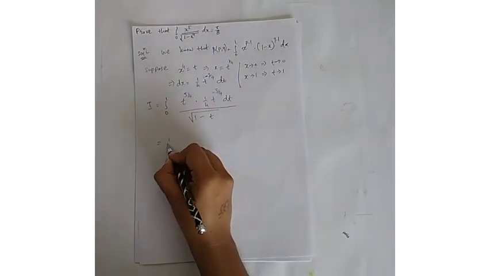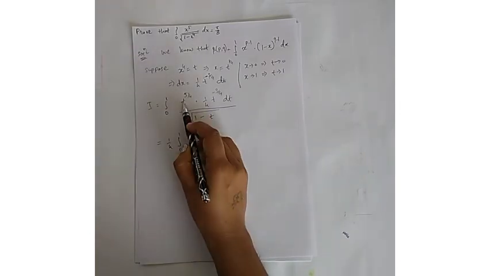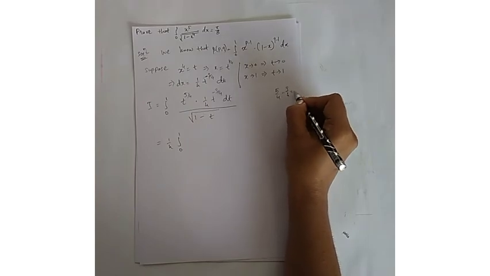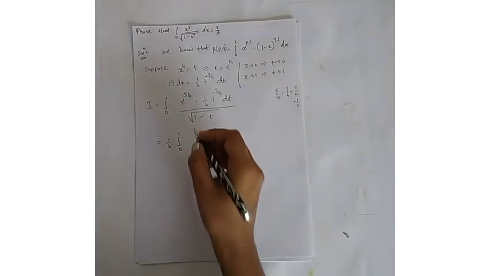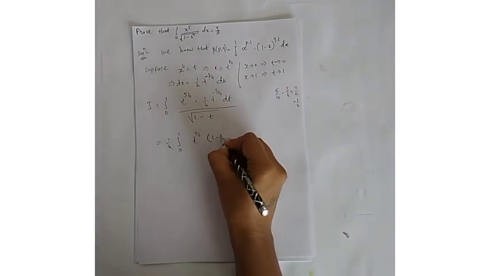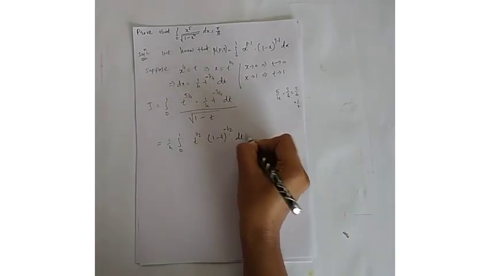So I is equal to 1 by 4 integration with limit 0 to 1 t to the power 5 by 4 minus 3 by 4, that is 2 by 4, that is 1 by 2. So t to the power 1 by 2 into, I write it as 1 by t to the power minus 1 by 2 into dt.